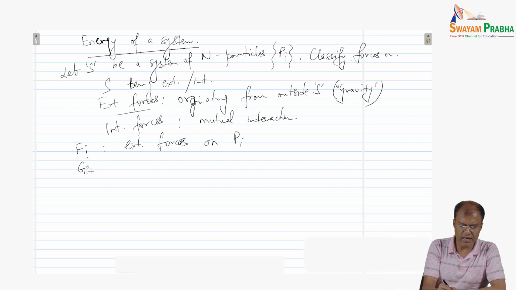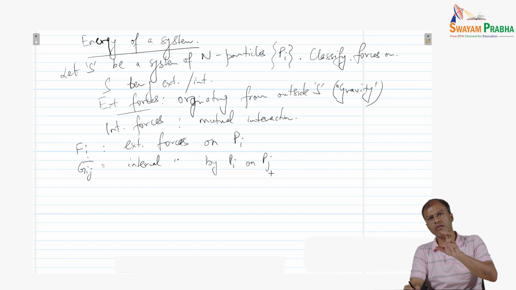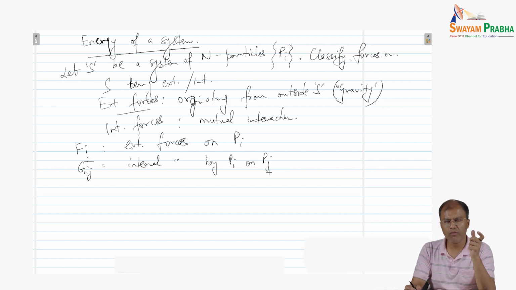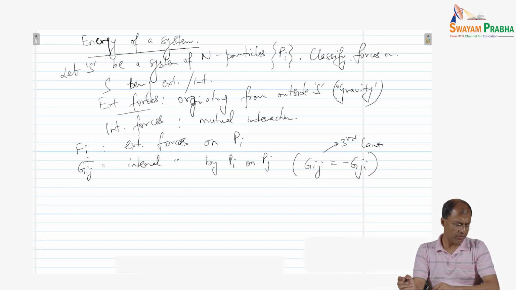Now let us call Gij the internal forces by Pi on Pj. Using Newton's third law, these forces are equal and opposite, so the internal force by i on j has an opposite sign to Gji.